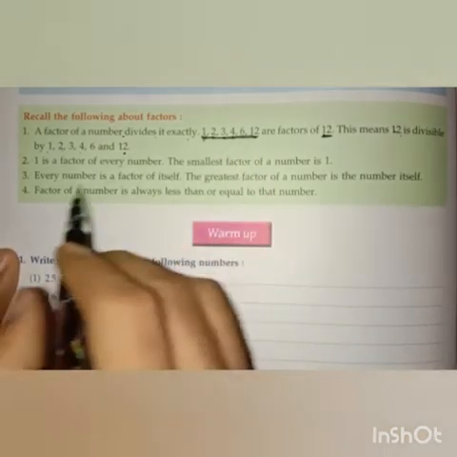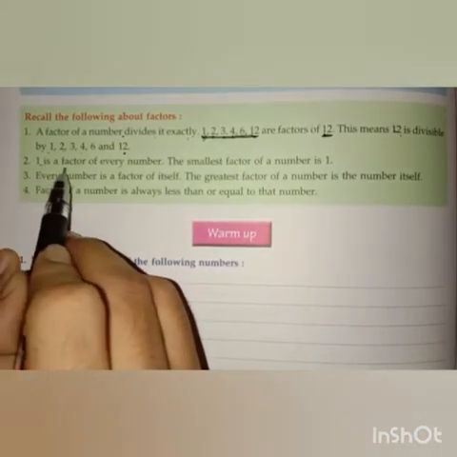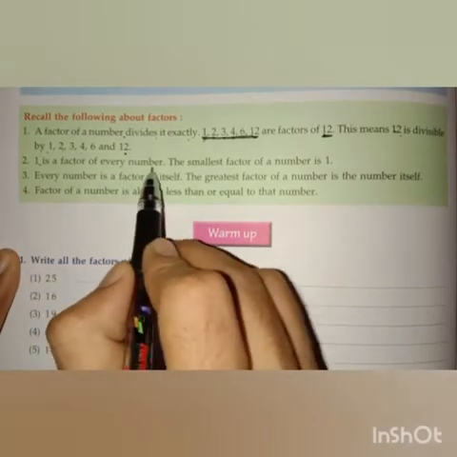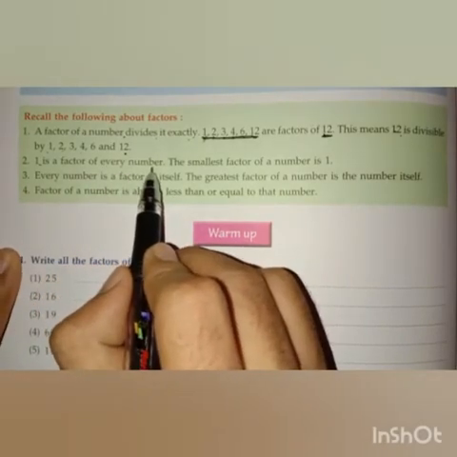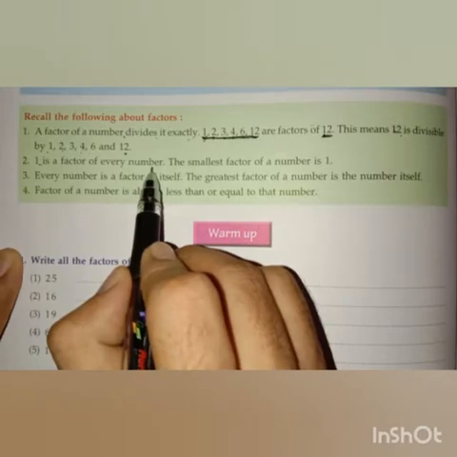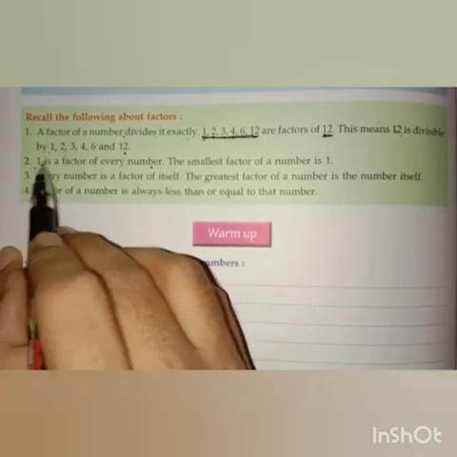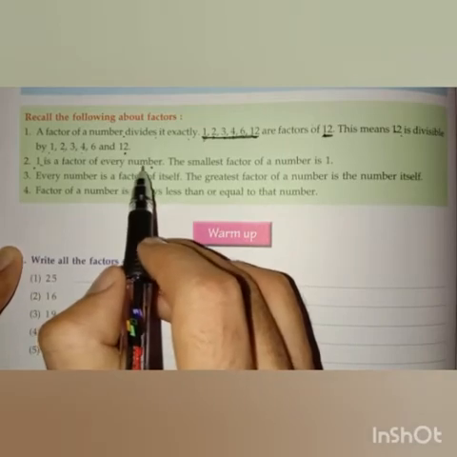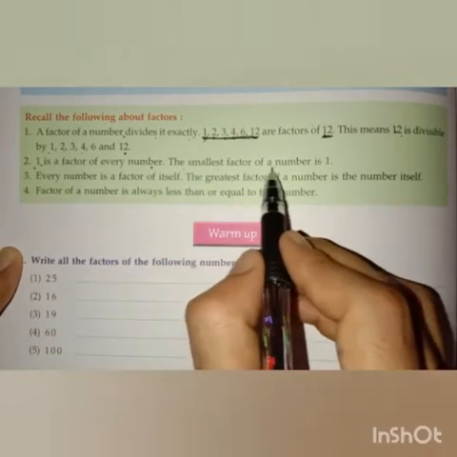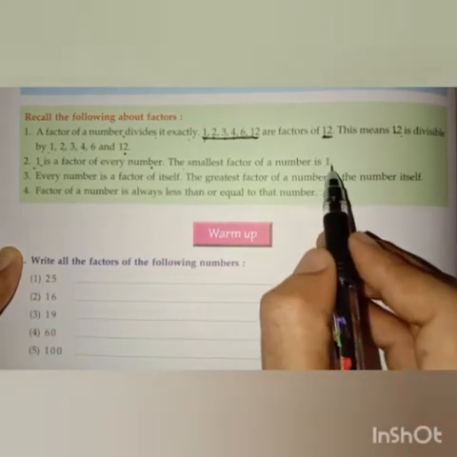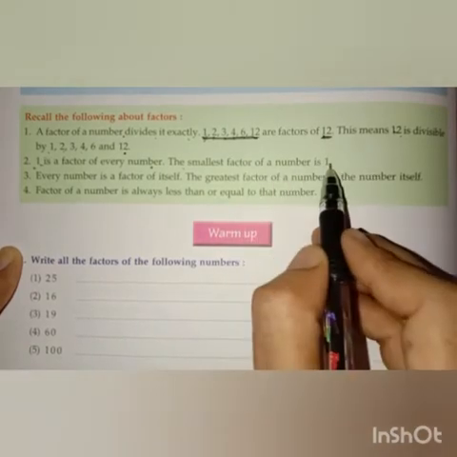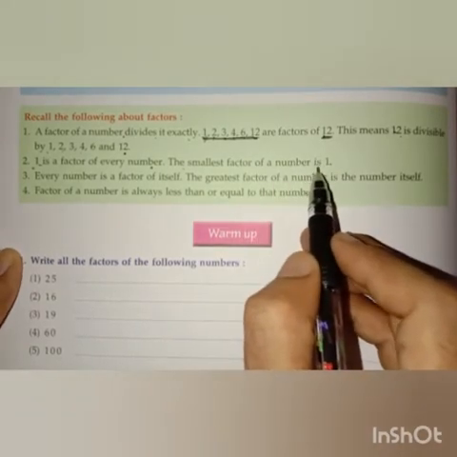Got it? Next point, 1 is a factor of every number. We can divide all the numbers by 1, so 1 is a factor of every number. And the smallest factor of a number is 1, so 1 is the smallest factor of all the numbers.